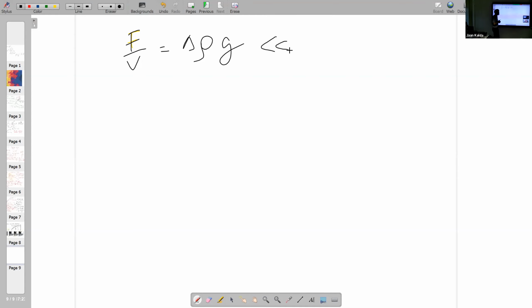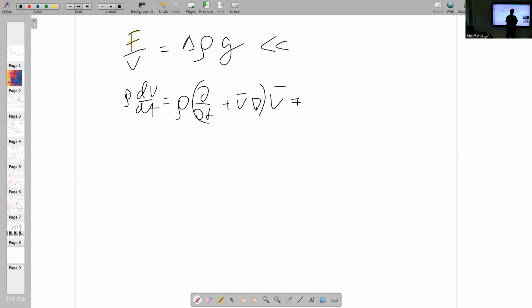So we can also write down the Euler equation, which goes like rho dv over dt, which is rho times dv/dt plus v gradient v, something like that, and this equals minus gradient of pressure, plus gradient p equal to this.